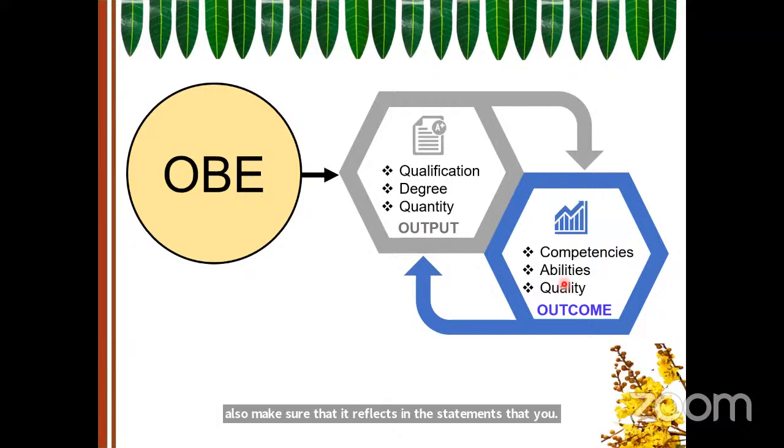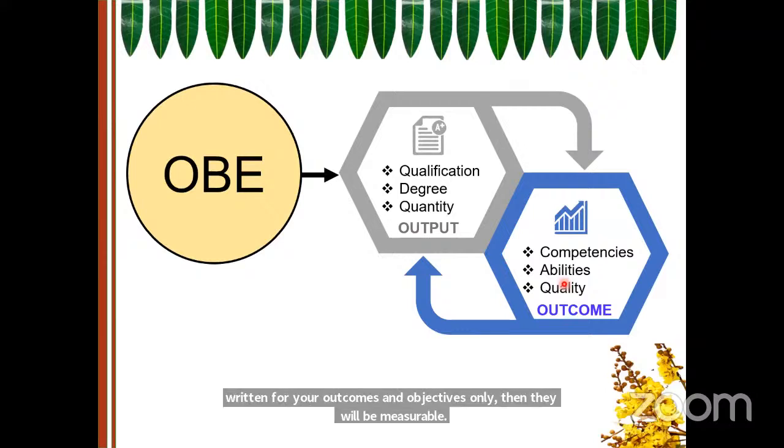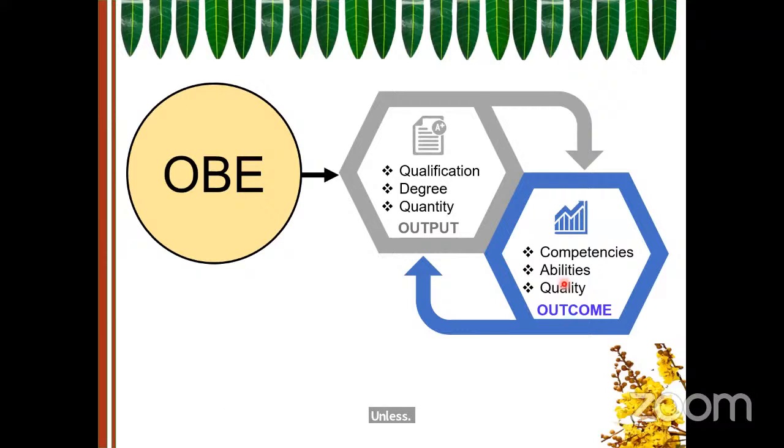Only then will they be measurable, unless they will be just on paper. Writing them on paper and delivering is not what is important for us; from the accreditation point of view, it's important to make them measurable. That comes only when we reflect them in the statements.